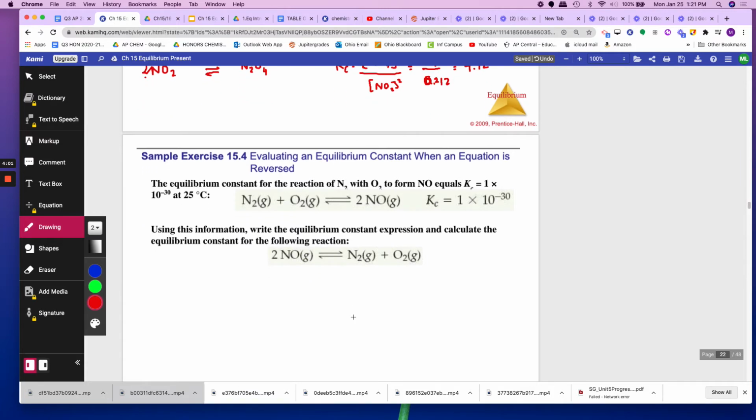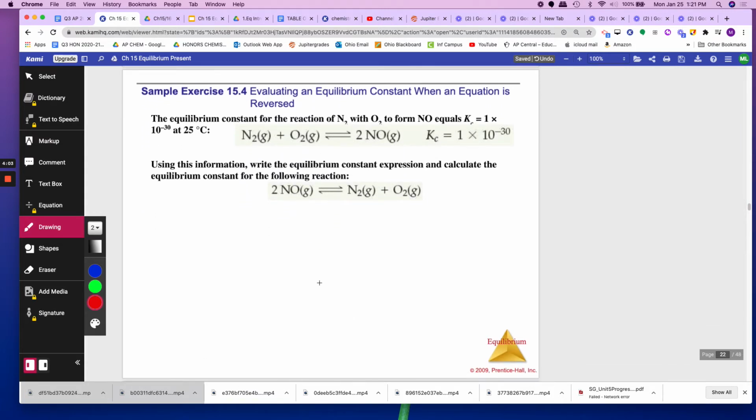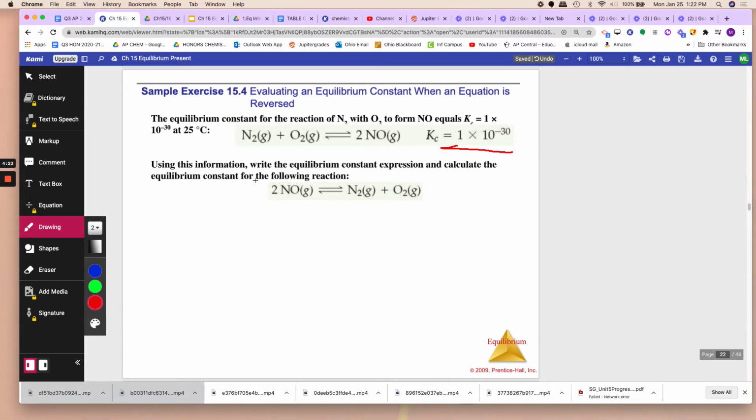Okay, so here's an example problem. Please pause the video and try to do it yourself. Okay, so you have the equilibrium constant for the reaction N2 plus O2 to form NO, Kc equals that. Using the information above, write the equilibrium constant expression and calculate the equilibrium constant for the following.